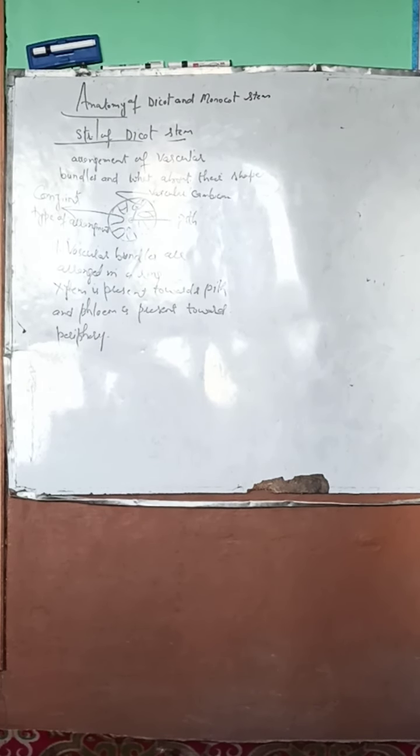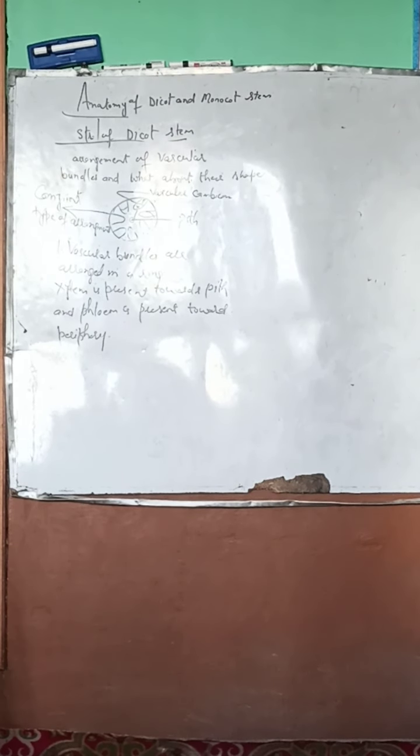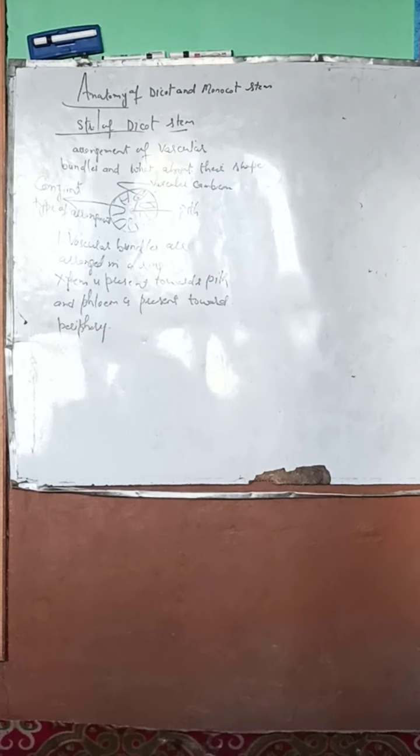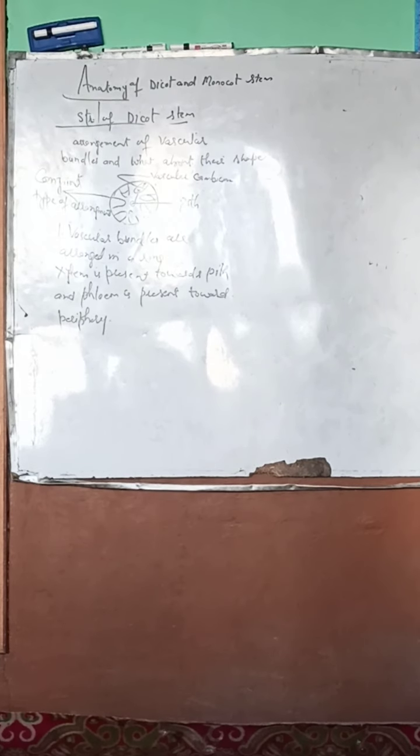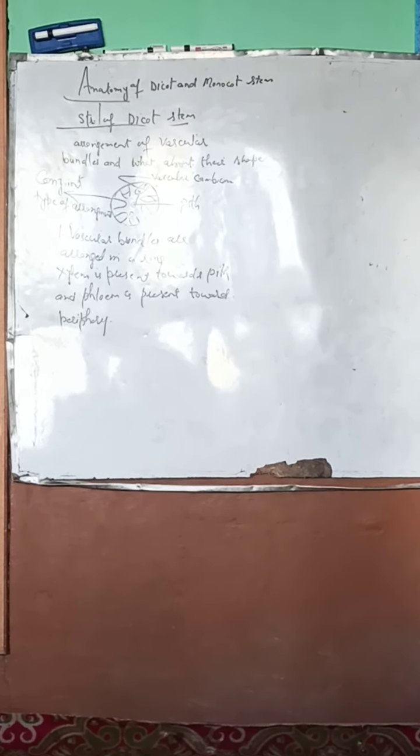We know that cambium is present between xylem and phloem. So this is called vascular cambium because it is present between xylem and phloem, or between vascular tissues.